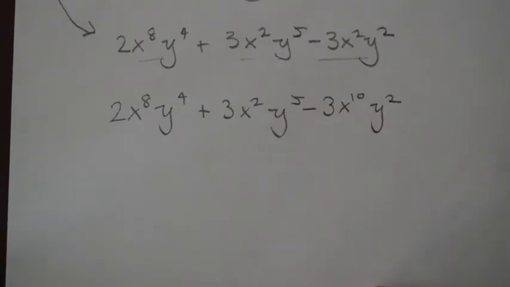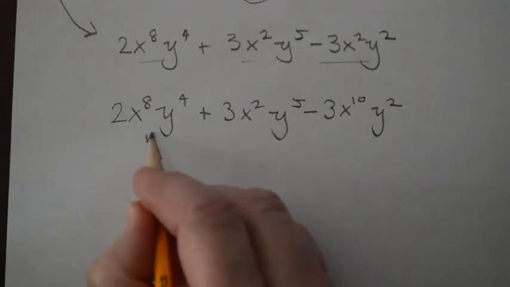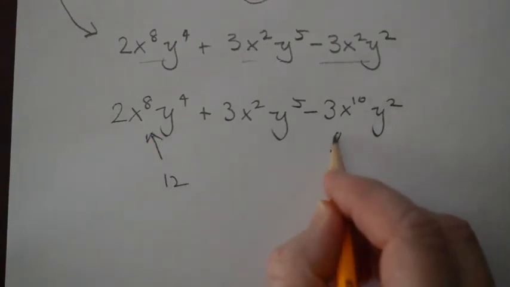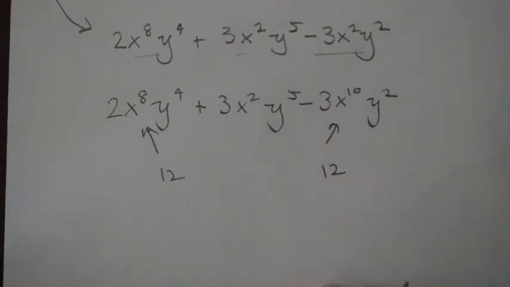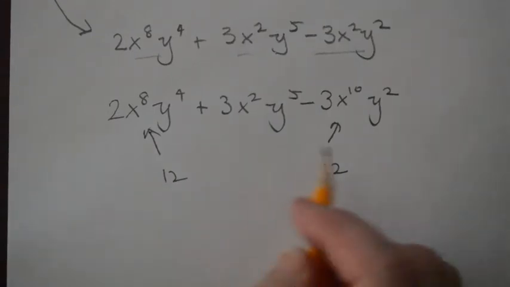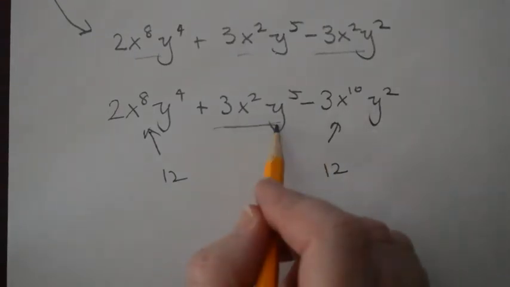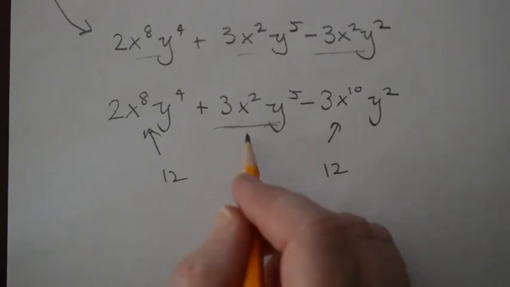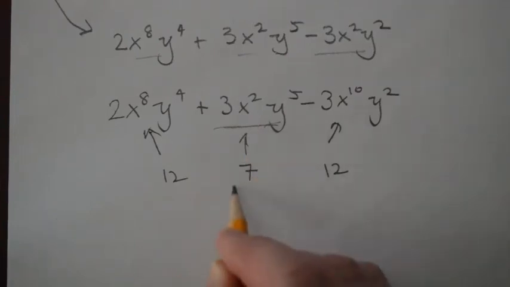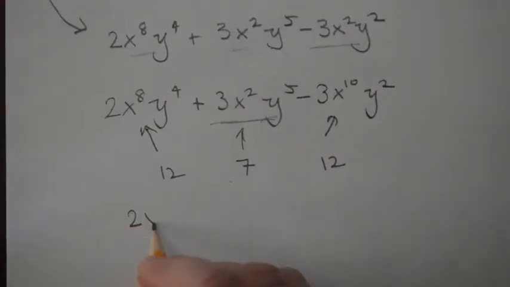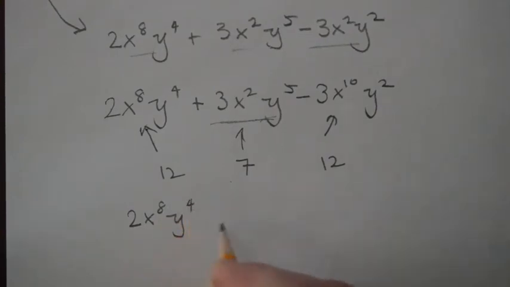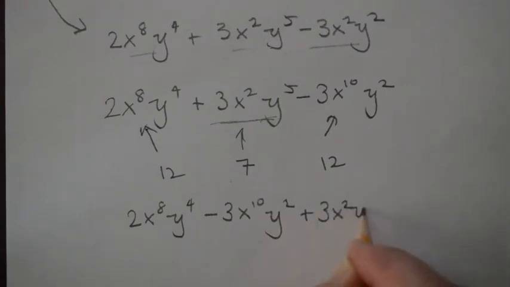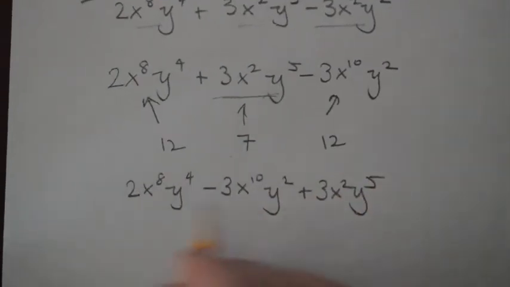What would we do in the case where we have two terms, this first one and this last one, that both have a degree of 12? Well, first of all, I would not put this term in the middle. Now that that has a degree of 7, I would boot that to the back. So 2x to the eighth y to the fourth minus 3x to the 10th y to the second plus 3x squared y to the fifth. So for sure, I would say that.